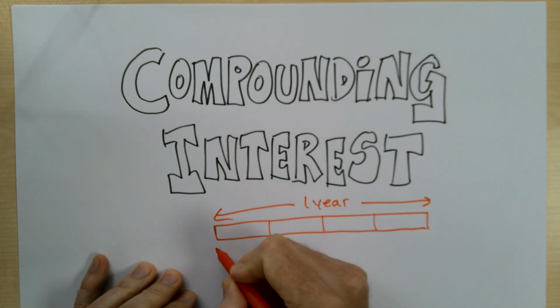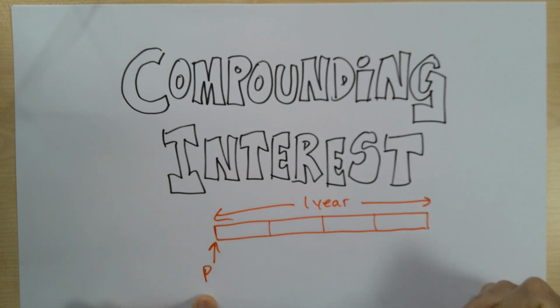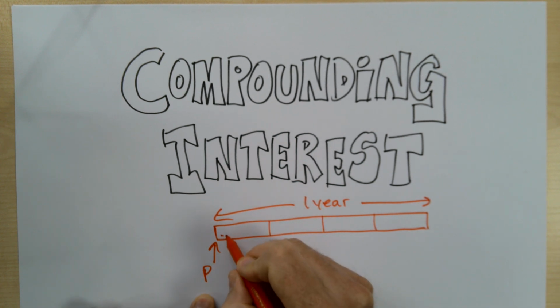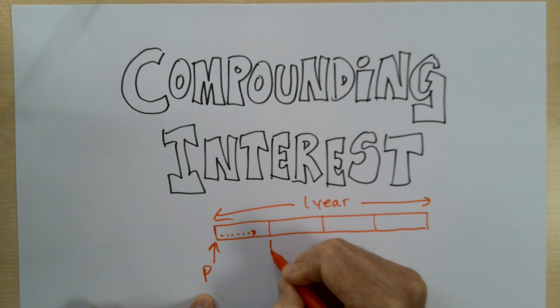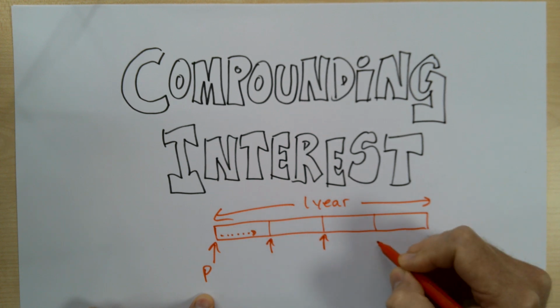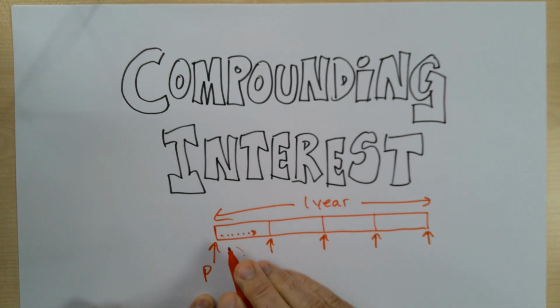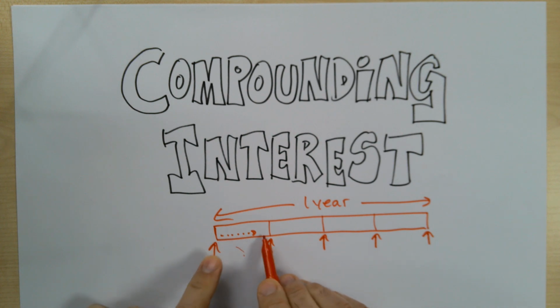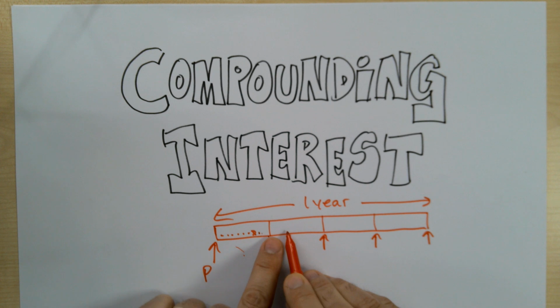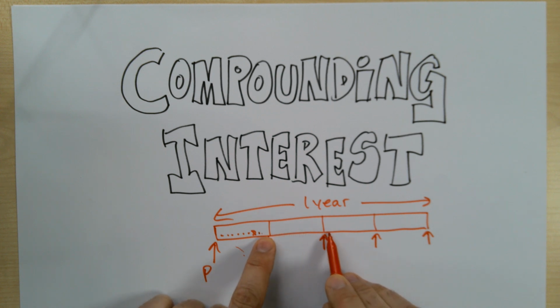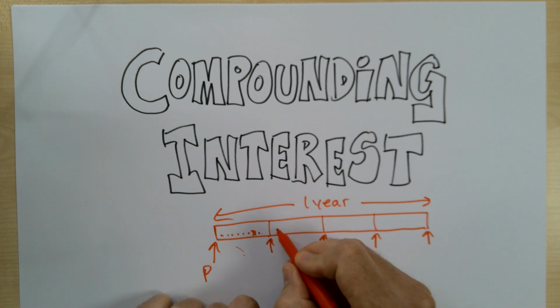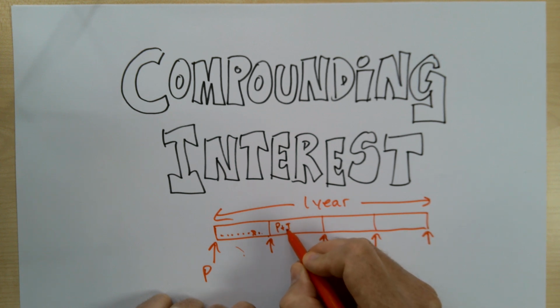What that means is you kick it off with the principal there, and as it comes along, it gets a little bit of interest 4 times over. So the interest is calculated over this bit, then the interest is added, and then that amount rolls over into this bit. So you're actually earning interest on top of interest, because this is now principal plus that little bit of interest.